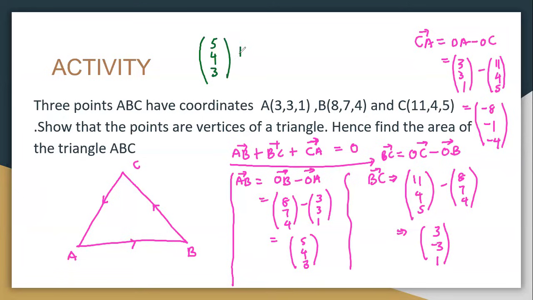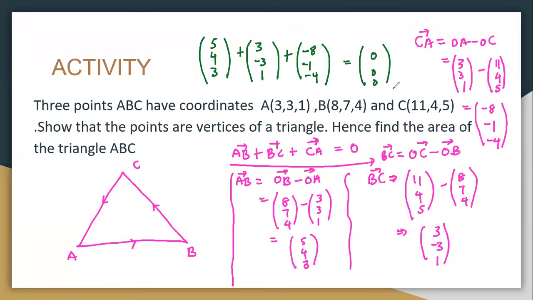So I added AB, which is 543, plus BC, which is 3 negative 3, 1, plus CA, which is negative 8, negative 1, negative 4, and I end up getting 000. Okay, thank you. Christopher, I hope you have got it. Yes. So members, that's how we get it.